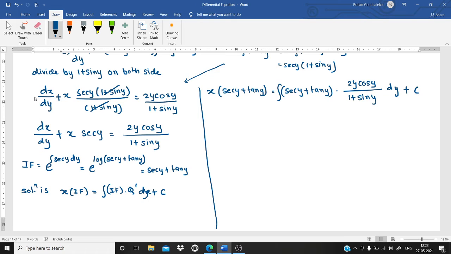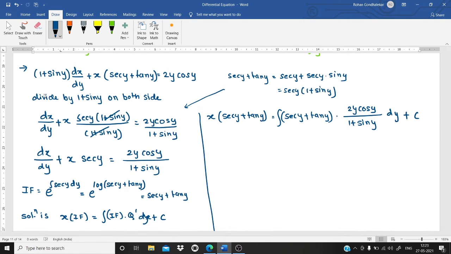It's interesting. Can you tell me how to solve this? Yes, of course, it is very simple. See, sec y + tan y. Look at this. It is (1 + sin y) upon cos y, so we can replace it this way.